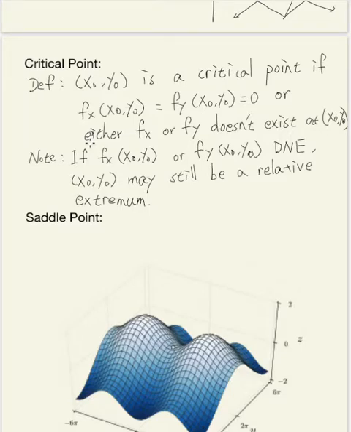Okay, now remember that for the first partial test we say if a point is a relative maximum or minimum, then f partial x and f partial y are both 0.